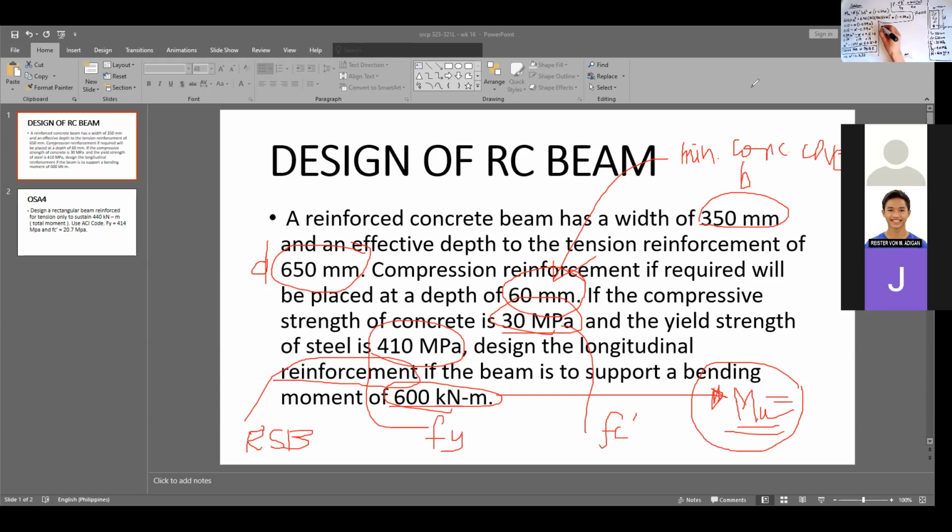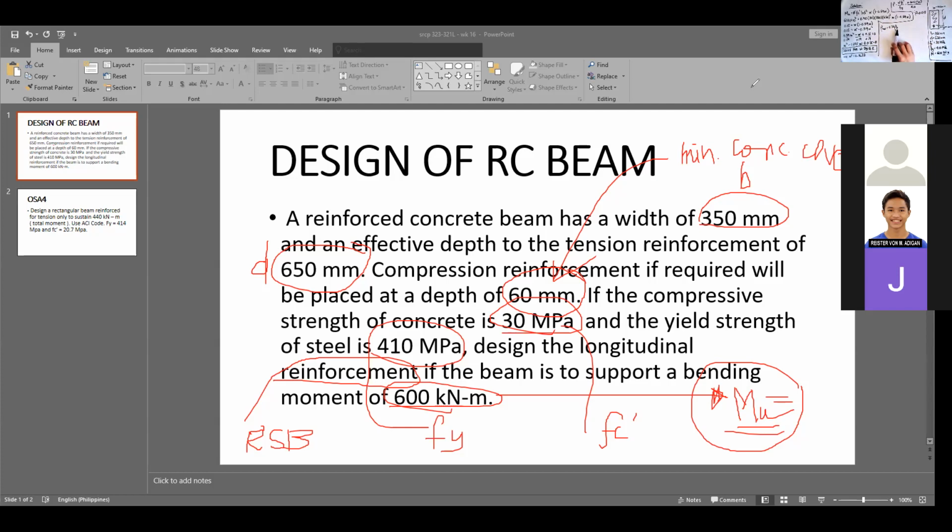So we are going to check if it is within the minimum and the maximum. So we check with the maximum. The maximum is 75% of rho balance. So remember, we are to design in the balanced steel condition. So when you say balanced steel condition, we have to check on this steel concrete ratio, which is in balanced condition.